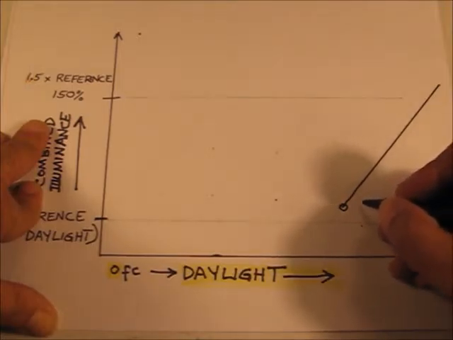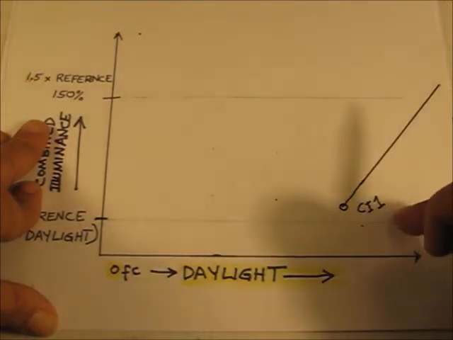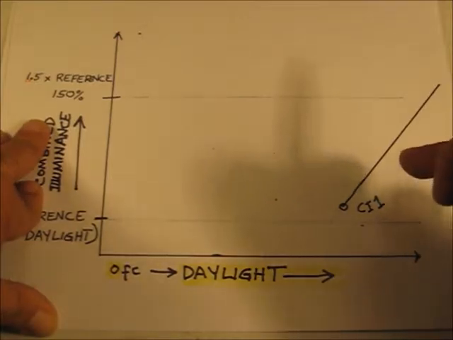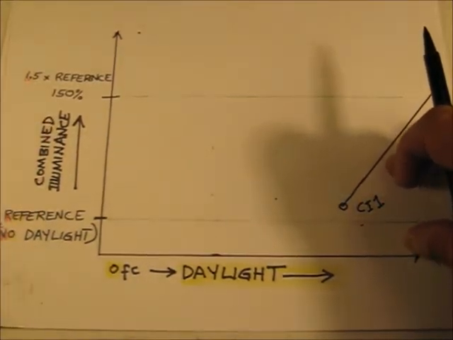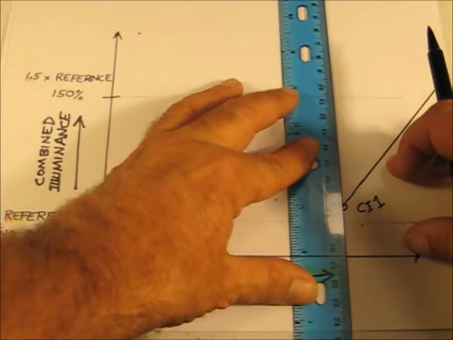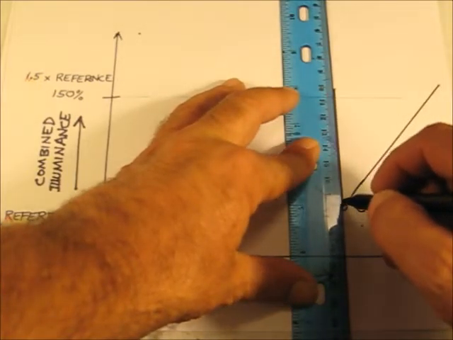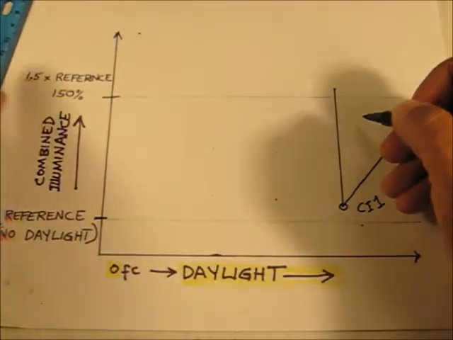Okay? So this is our first point we're picking to put into the controller, and we're going to call it cut in 1, because that's what the manufacturer has named this stuff. When cut in 1 occurs, we're going to have a set of controlled lighting snap on.